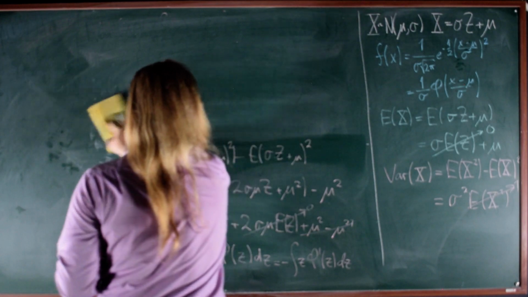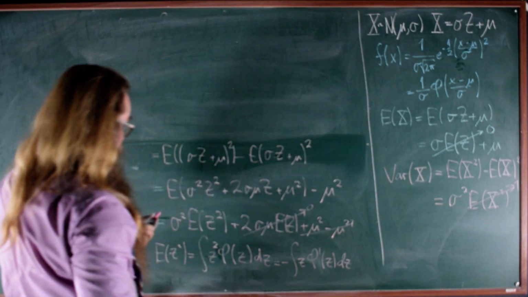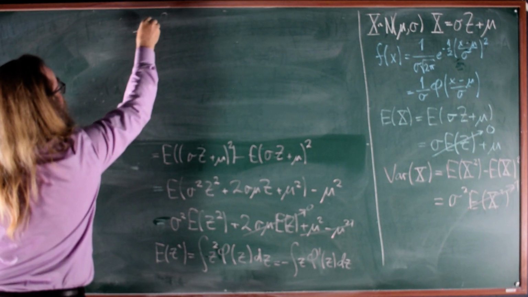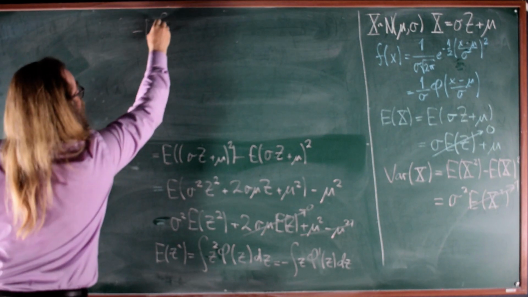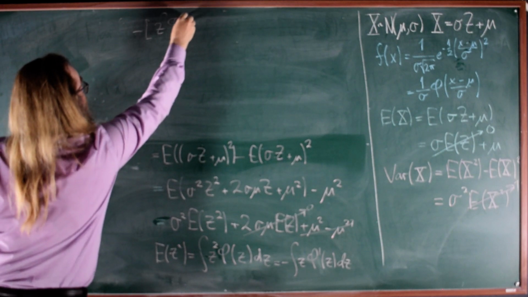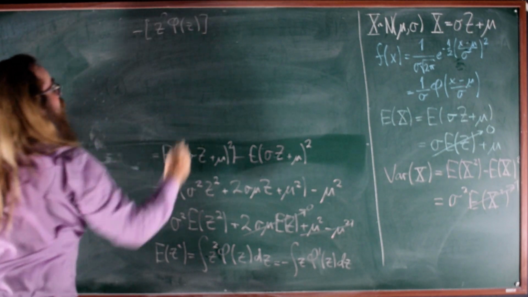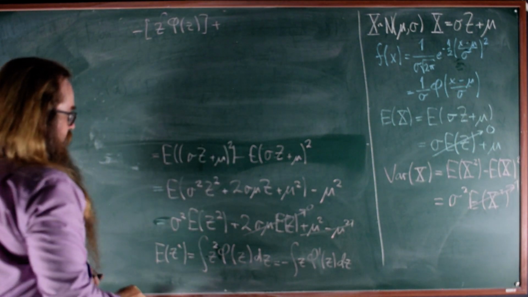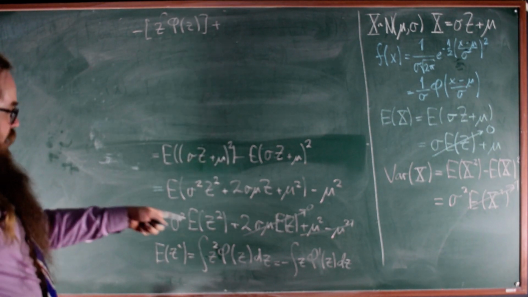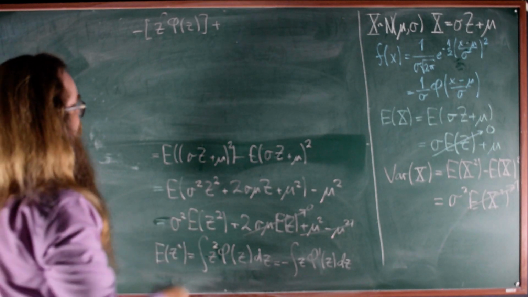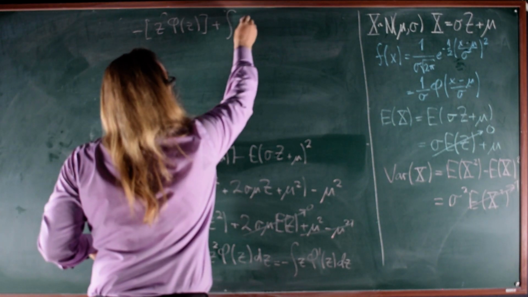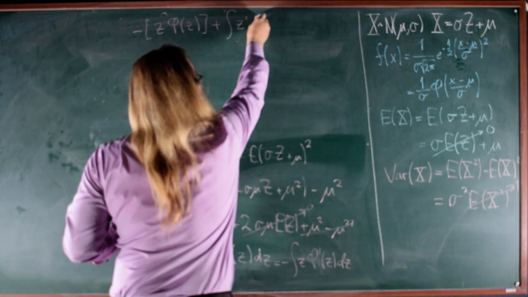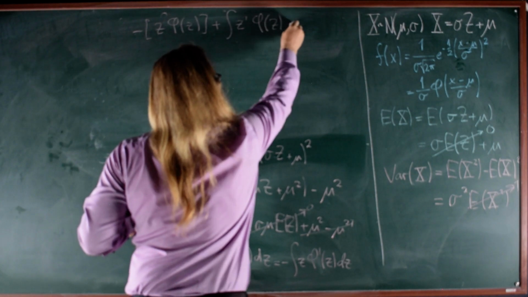And now we can perform this amazing partial integration. All right? So we get minus z phi of z, and then we get minus minus, which is plus, the integral of z differentiated with respect to z, and then phi of z dz.